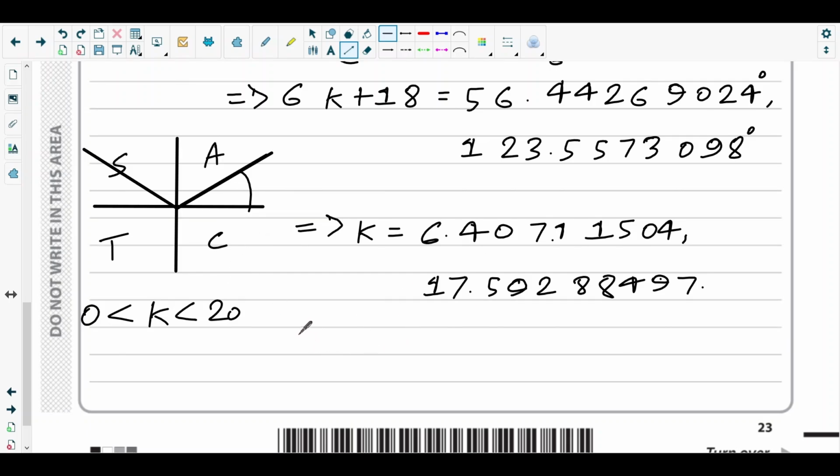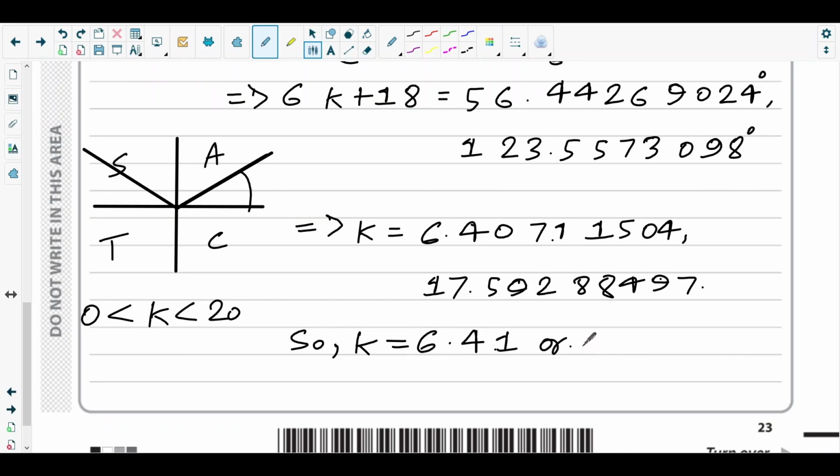So the possible values for k here we found. k equals 6.41, since the question has asked to write to 2 decimal places, or the value for k is 17.59, up to 2 decimal places.